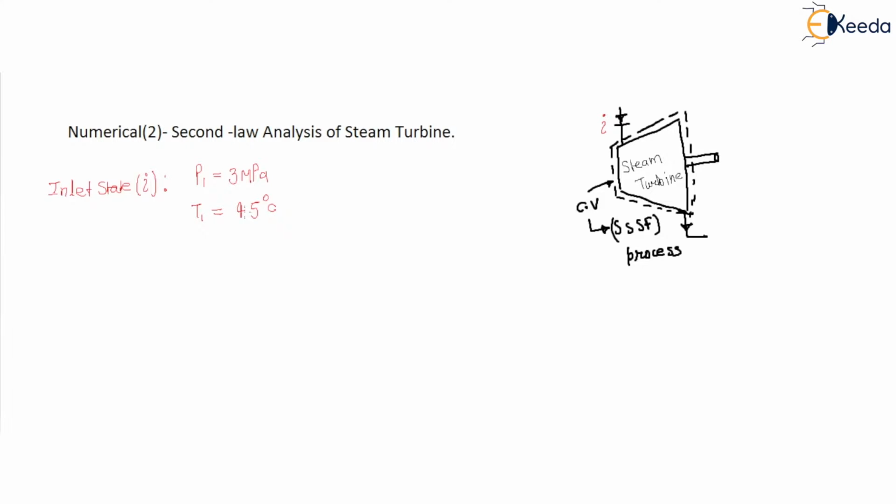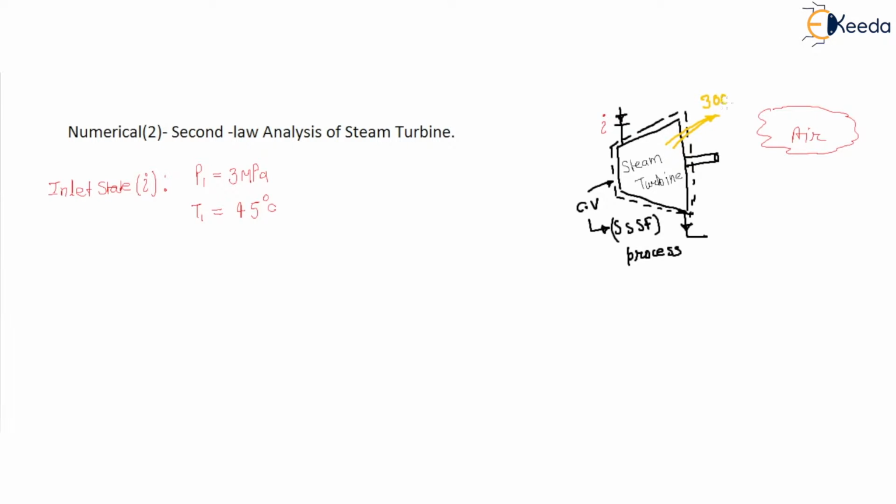The steam is losing heat to the surrounding air. That means there is a surrounding, and the surrounding is air, and the steam will lose heat to the surrounding at a rate of 300 kilowatt.